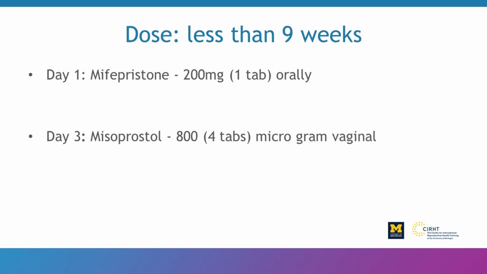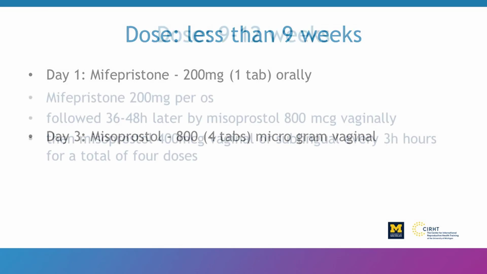But for women with gestational age of 9 weeks, it's recommended to use Misoprostol on day 3, 4 tablets, that is 800 micrograms vaginally. So in our setup, it is usually recommended to give the vaginal dose of Misoprostol. This is what is written in the technical and procedural guideline of Ethiopia.